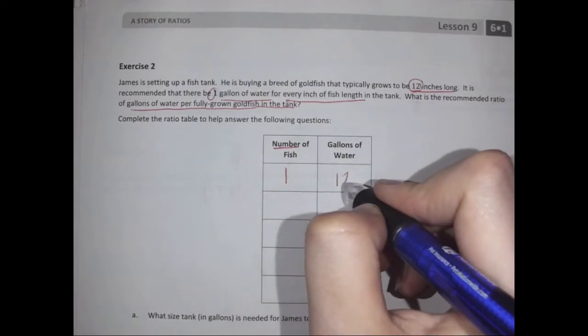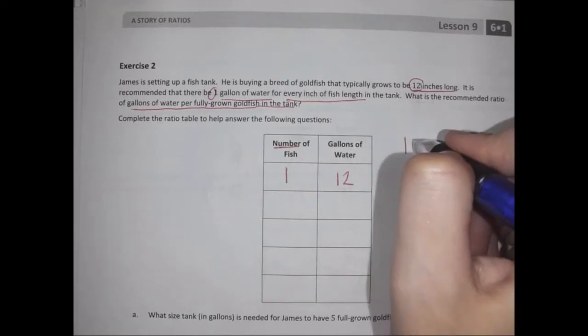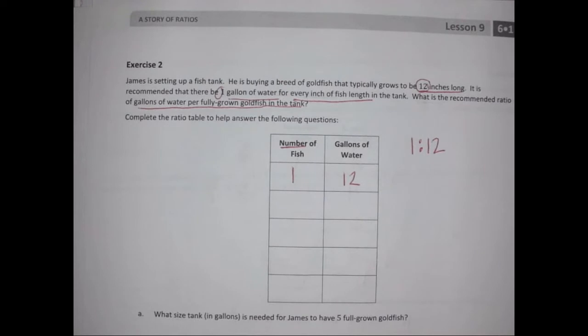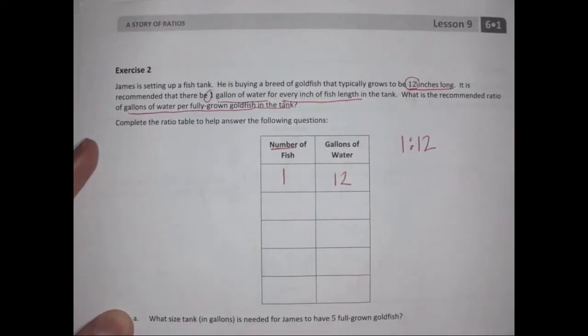Okay, go ahead and fill in the rest of our table. So we're going to add 1. We add 1, which gives us 2. And then we're going to add 12. 24. Yes. We add 12 again, right?